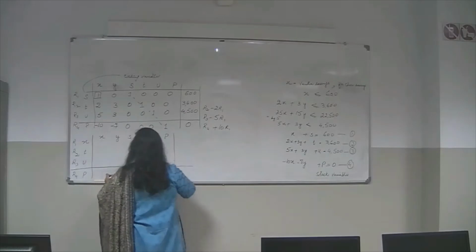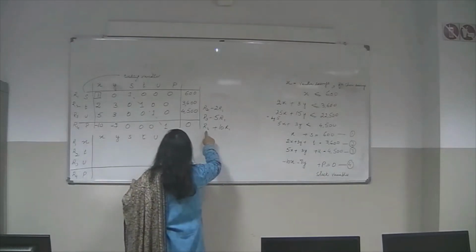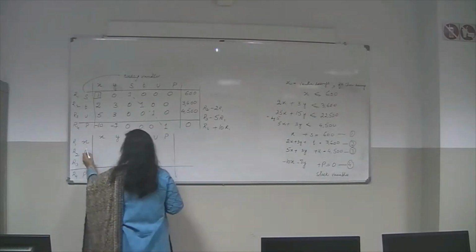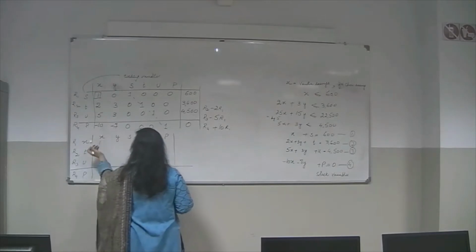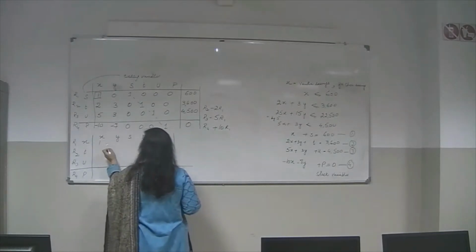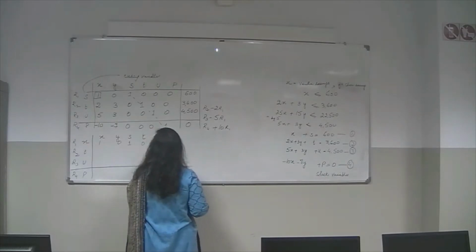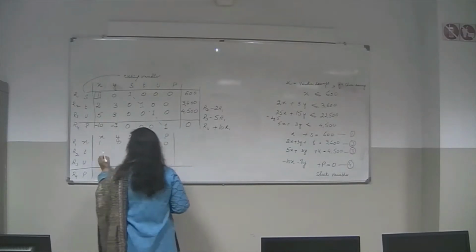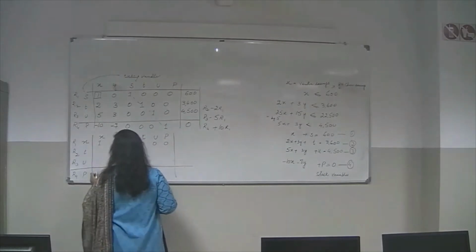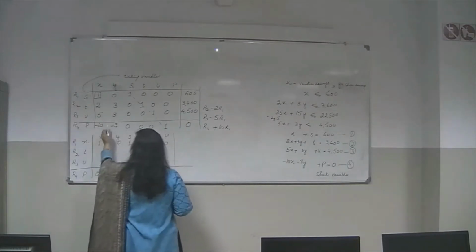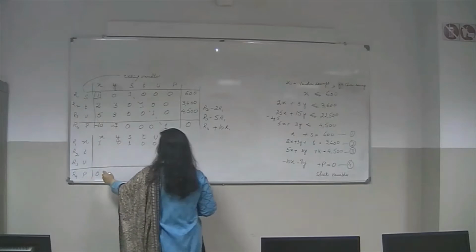So now performing the operation R4 plus 10R1, we write this just the way we have written before. This is 1, 0, 1, 0, 0, and 0. Now this comes to 0 because minus 10 plus 10R1 is 0.